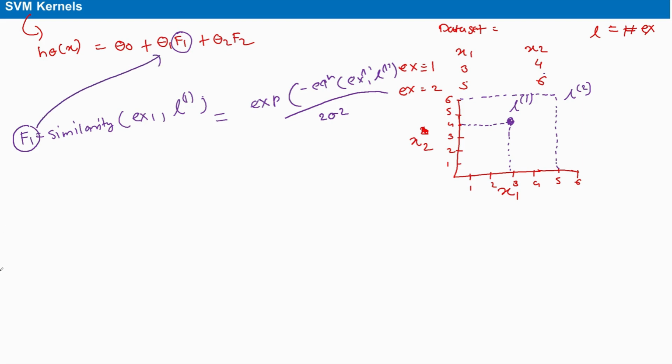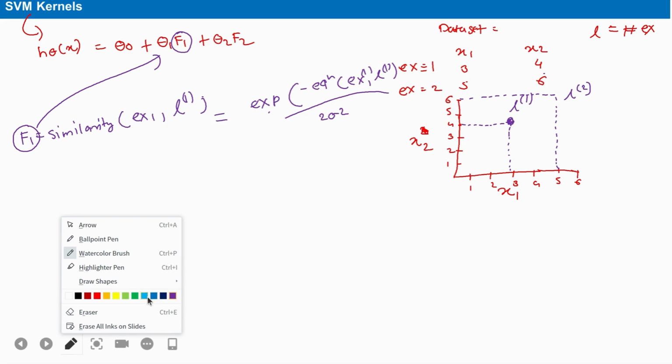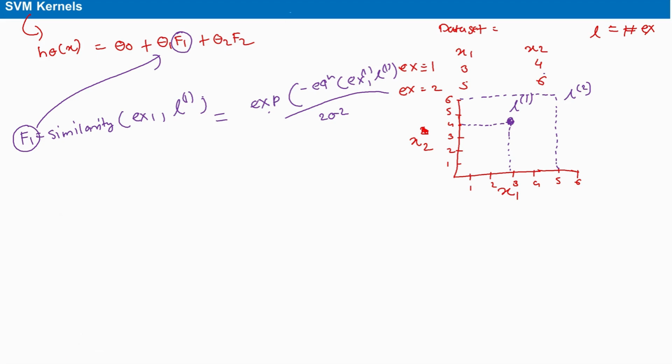In the same way, in order to find out f2, I will use a different pen to get the value of f2. To find f2, it will find the similarity between example 2 and landmark 2.